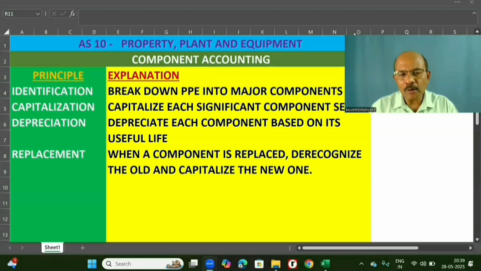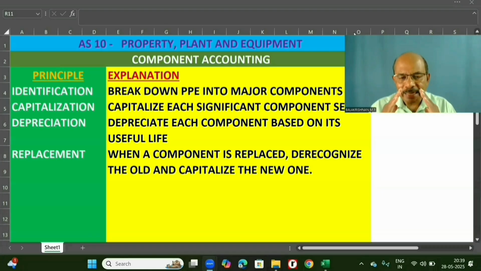Now, why component accounting? We enhance accuracy in depreciation. It will ensure faithful representation of PPE's consumption of economic benefits. Most importantly, it's required especially for complex assets like aircraft, ships, power plants, refineries, etc.